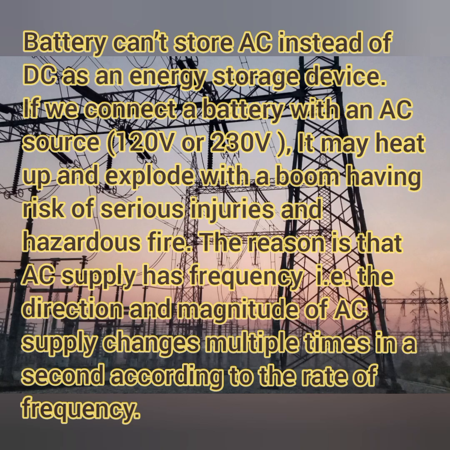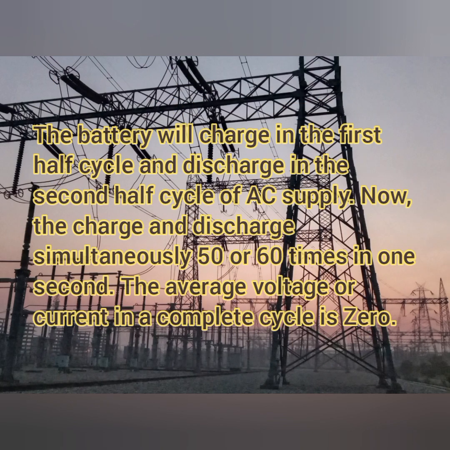The reason is that the AC supply has a frequency, that is, the direction and the magnitude of the AC supply change multiple times within a second. The battery can charge in the first half of the cycle, and in the second half of the cycle the battery will get discharged, and this continues 50 to 60 times within a second.